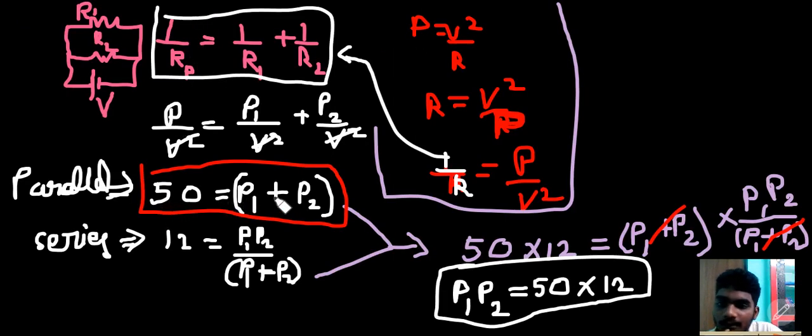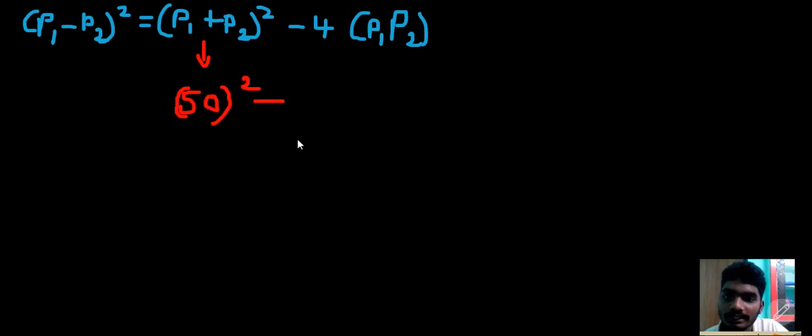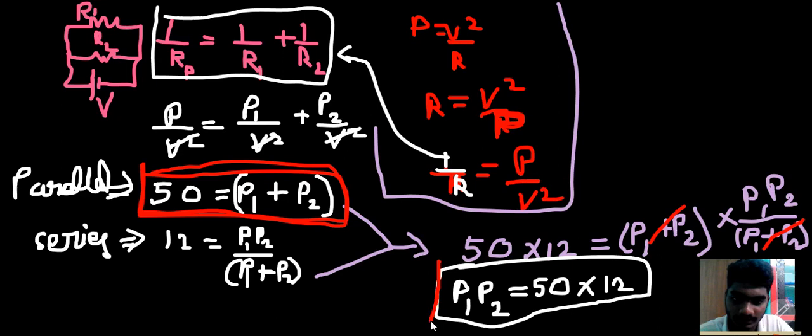Right now p1 plus p2 is equal to 50. I'm substituting the value here, so 50 whole square minus 4 into p1 p2.